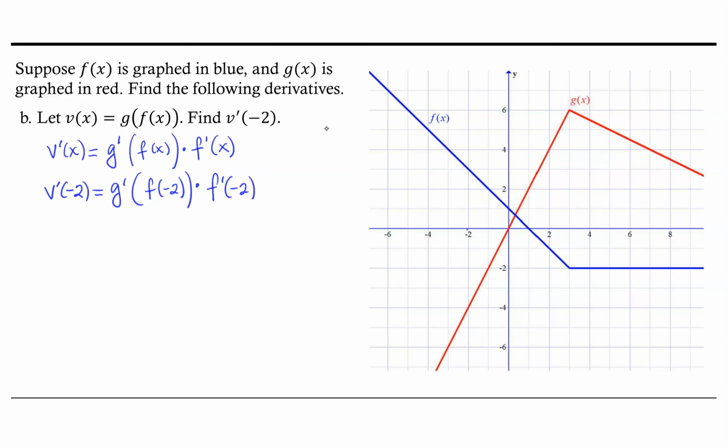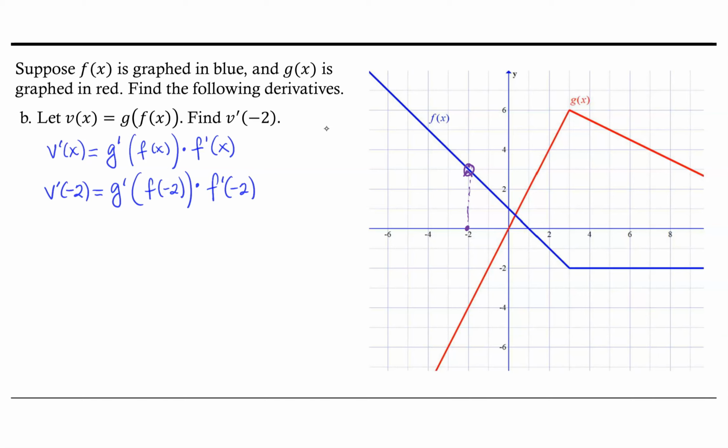Well, here's -2 on the x-axis, so we will go up to where we find the function f of x, and we want that output value, that y value that's associated with -2 for the function f, and that appears to be 3.